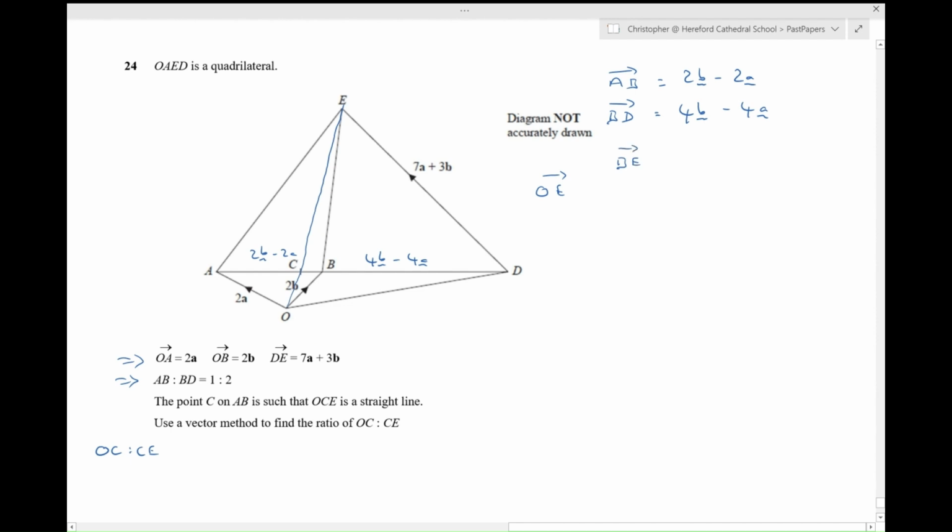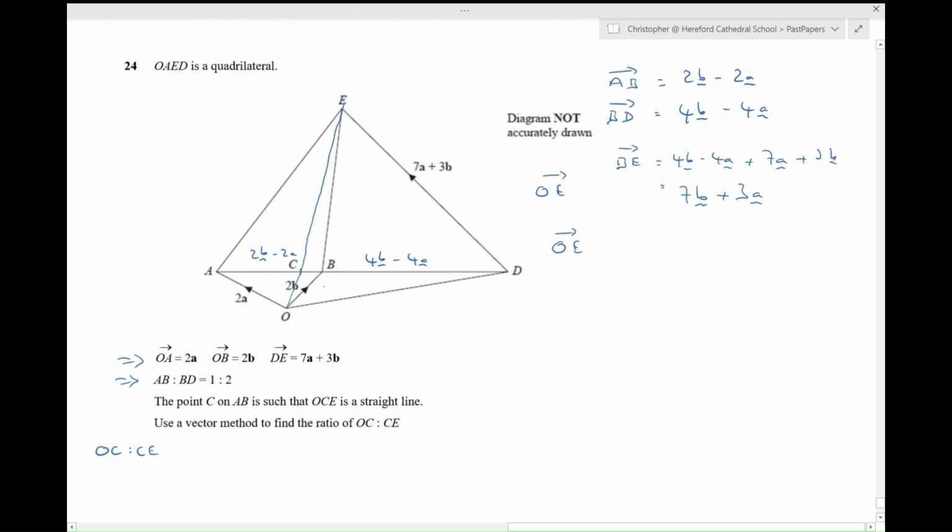To do BE, I'm going to go from B to D, which is 4B minus 4A, and then make my way up from D to E, 7A plus 3B. So BE is 7B plus 3A. So I originally said I was going to find OE.